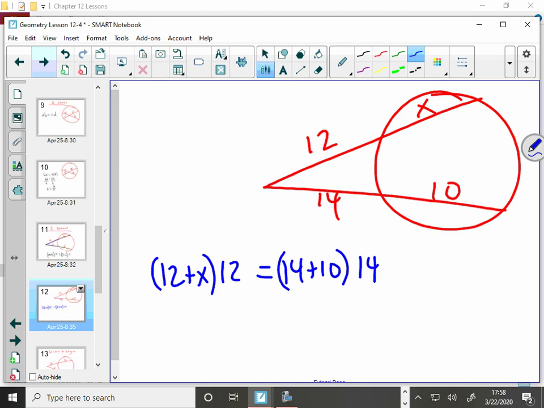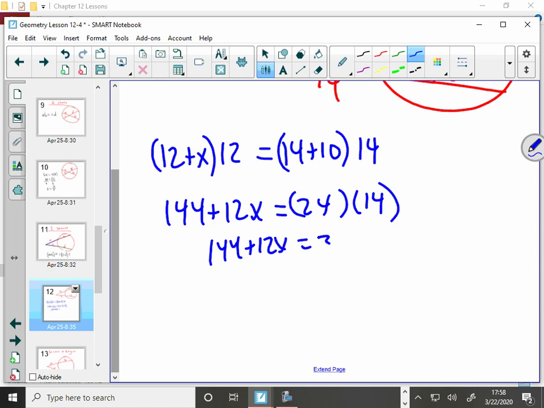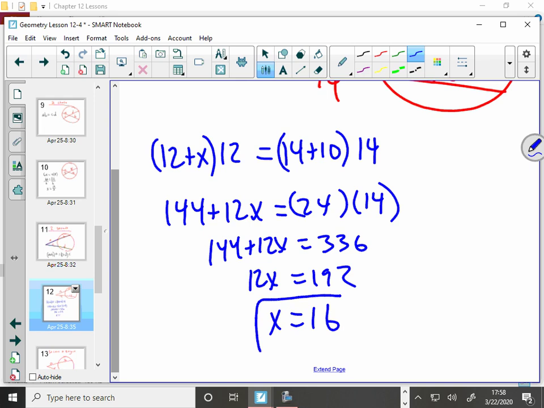So let's do this. 12 times 12 is 144 plus 12x equals 24 times 14. There you go.